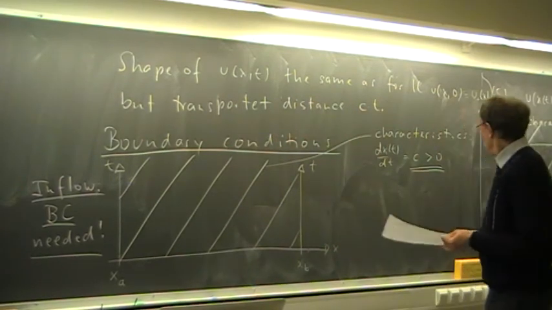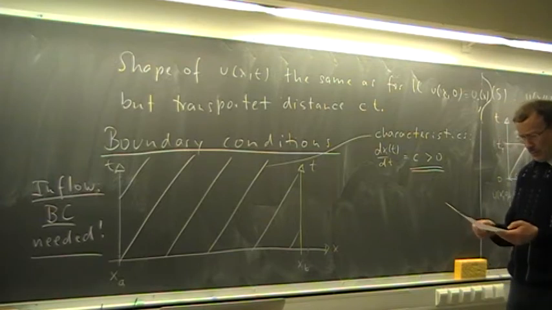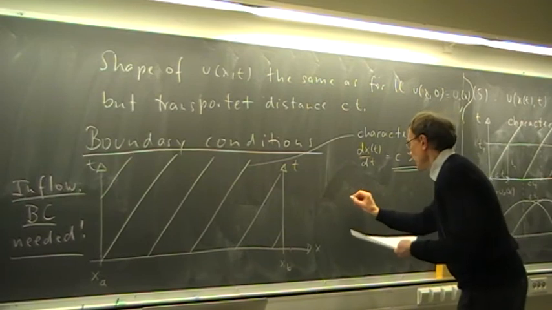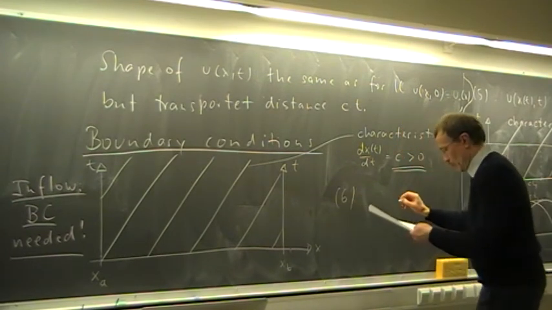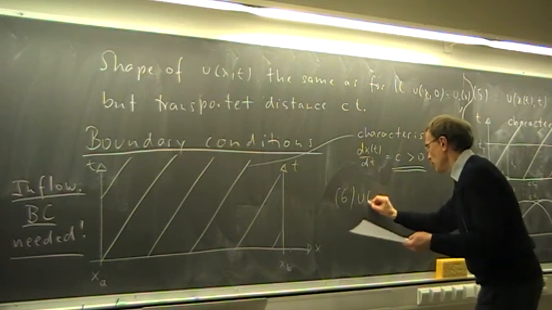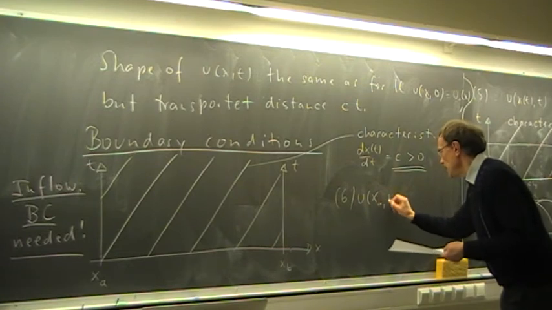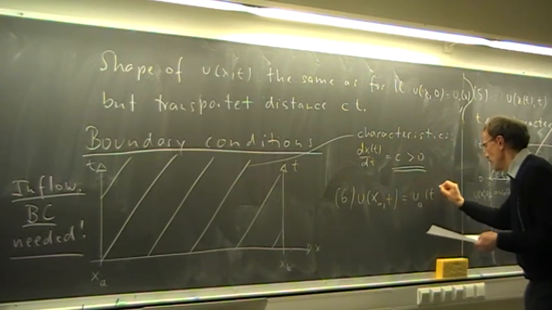That means, number 6, we have to prescribe the velocity or our flow variable at xa, as a function of t.